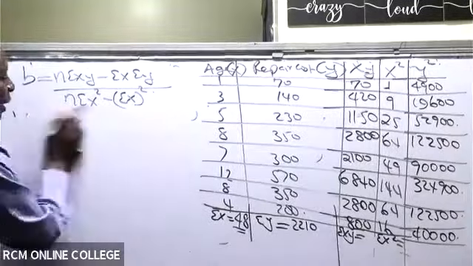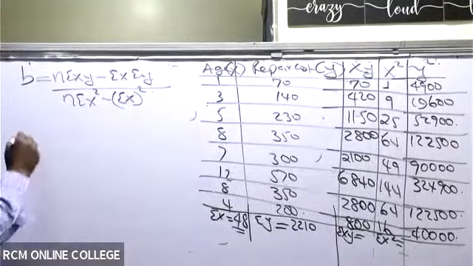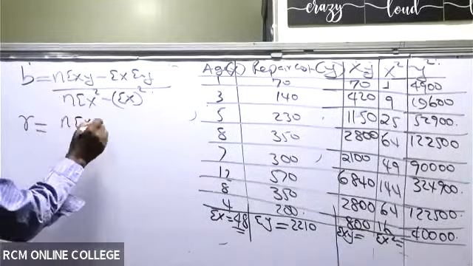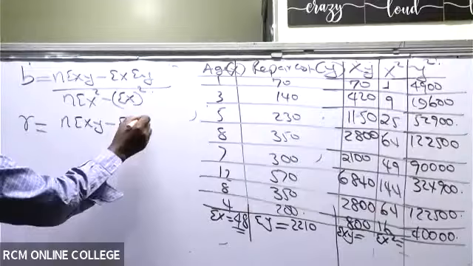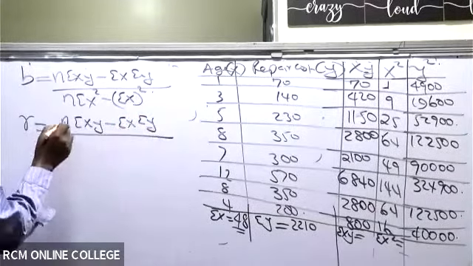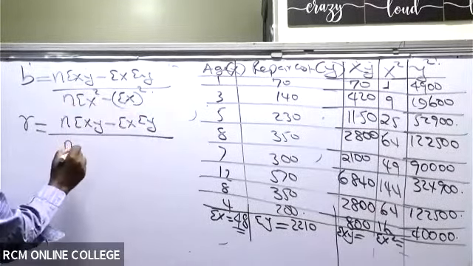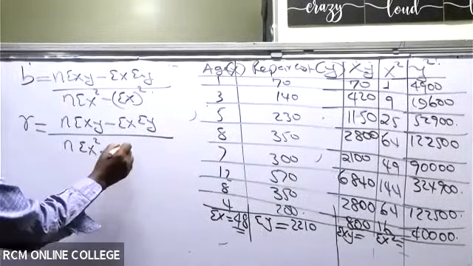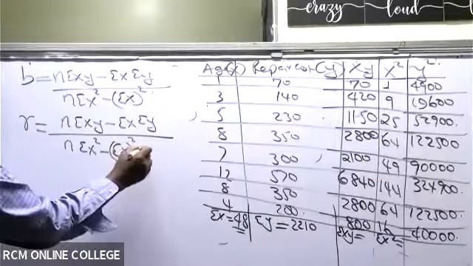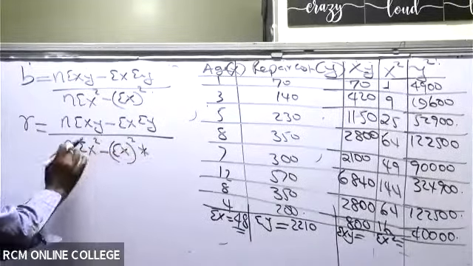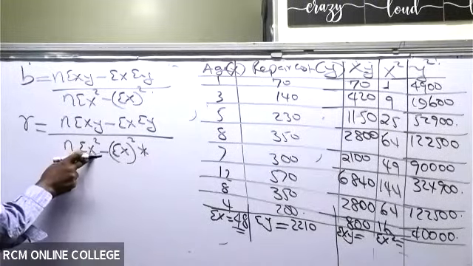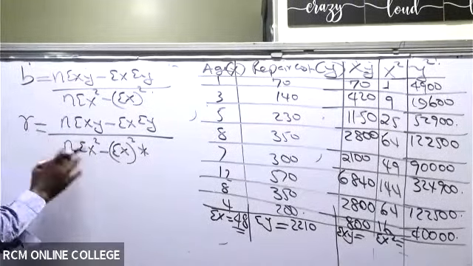To get our r, this is normally what we do. The numerators will be the same: n summations of xy minus summation of x, summation of y, all over this. n summations of x squared minus summation of x squared, times the same style but now we replace with y, because you are correlating two.